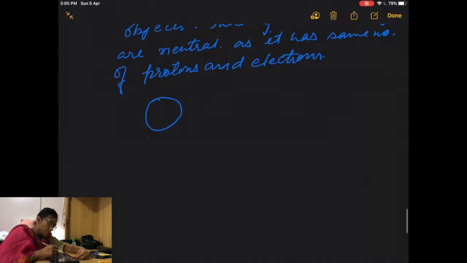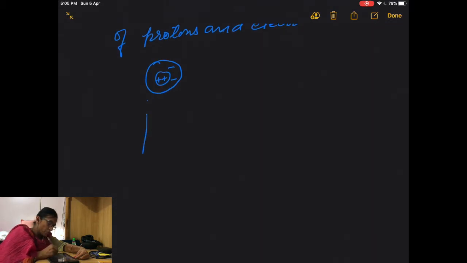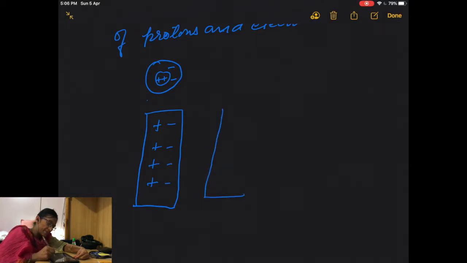Showing by one model, if we have two protons, then we have two electrons also. And when these atoms form some extended object, which is neutral, the number of positive charges is equal to the number of negative charges, and we have two extended objects. Each has the same number of positive charges as negative charges.